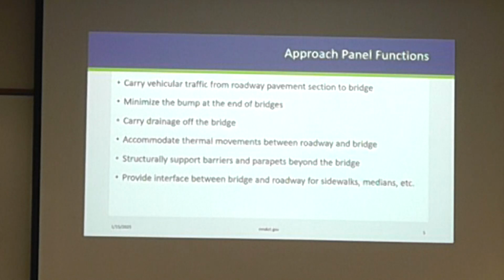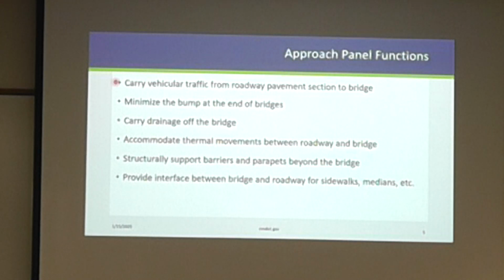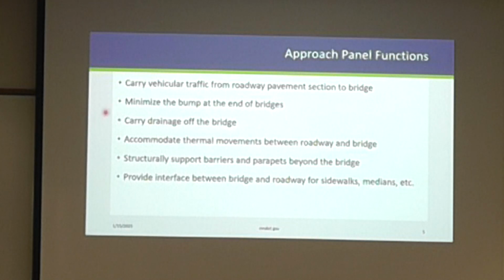So the approach panel functions: they carry vehicular traffic from the roadway pavement section to the bridge. We want to try to minimize that bump at the end of the bridges that you might experience. So that's what that interface is really trying to do. They also act to carry the drainage off the bridge and then even further out onto the roadway so that we're not pooling water on the bridge at all.